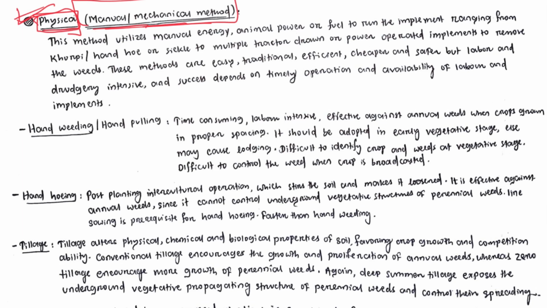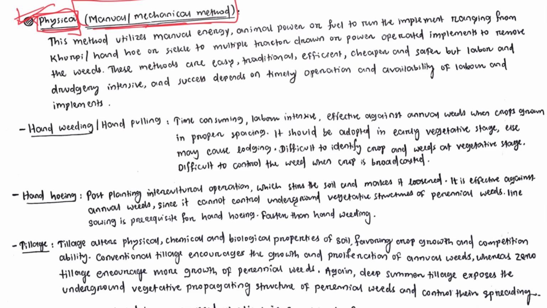To create the energy, if we are not using a proper energy creation method, suppose we are using fossil fuel, then we are polluting the environment. Suppose we are using humans as a method of weed control, using manual power, then a drudgery problem is there. Then we require a larger number of laborers and the labor cost goes higher. So these are certain drawbacks of this physical or mechanical approach of weed control.